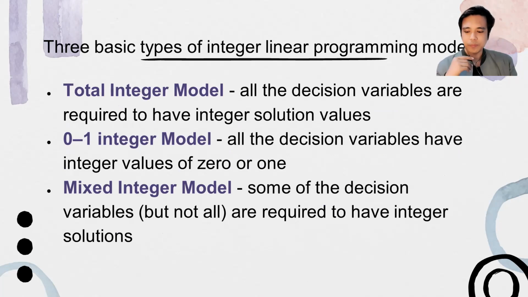Imagine you have to decide whether to buy land, or a condominium unit. With integer programming, we have to define it as a whole number, because essentially, you can't say, I want to buy one condo unit and one fourth of a lot.